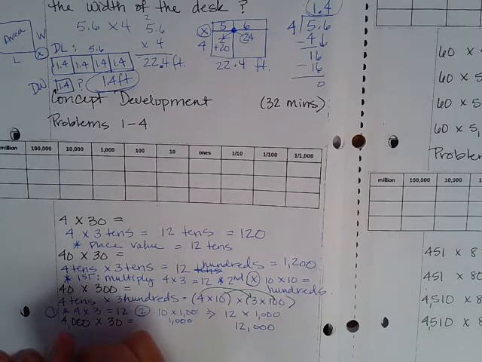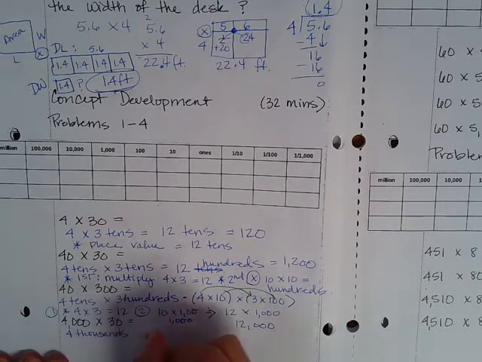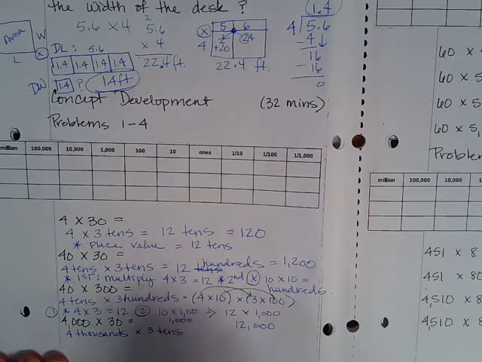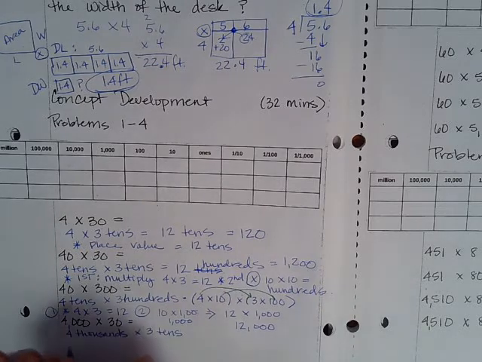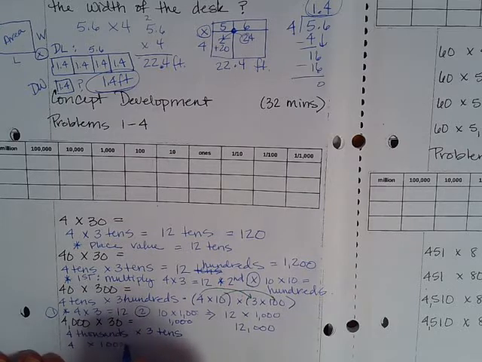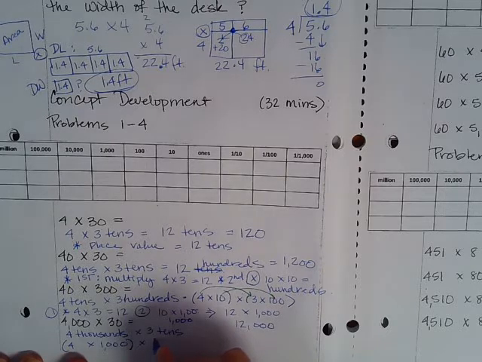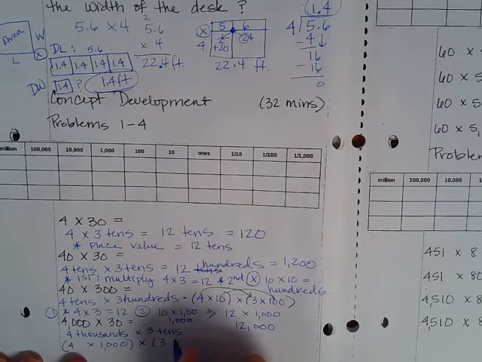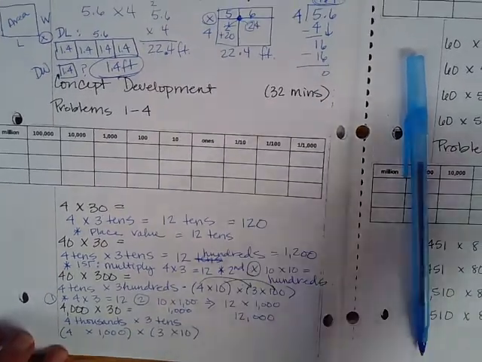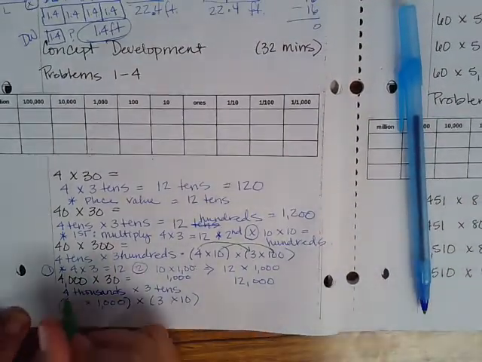So let's go 4 thousands times 3 tens. Now let's go 4 times 1,000 multiplied by 3 times 10. So see how we're breaking this number up. Now let's distribute.